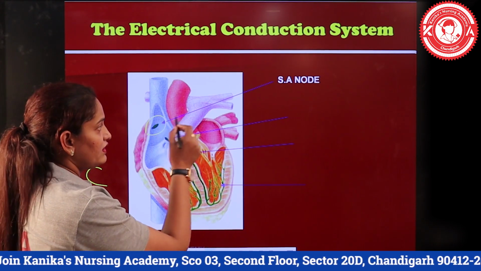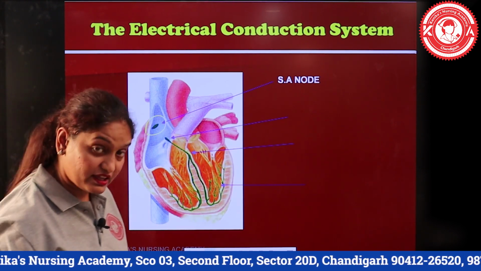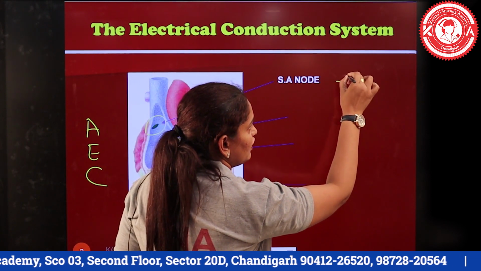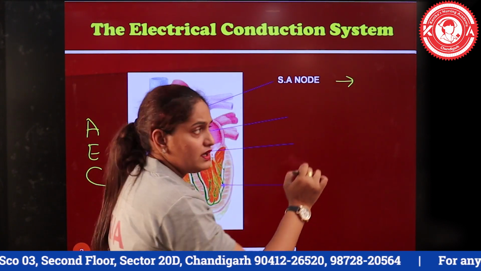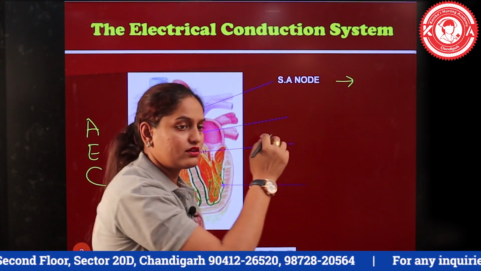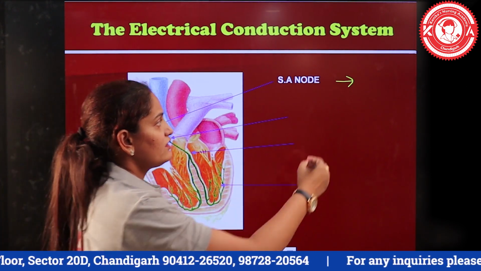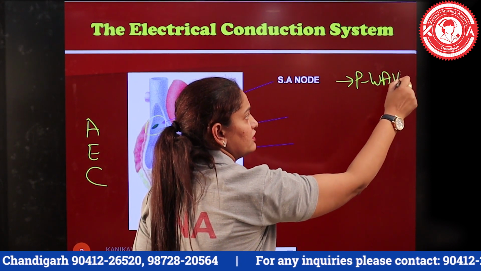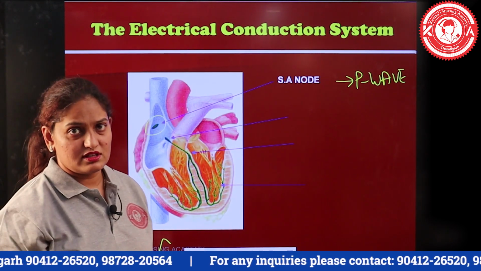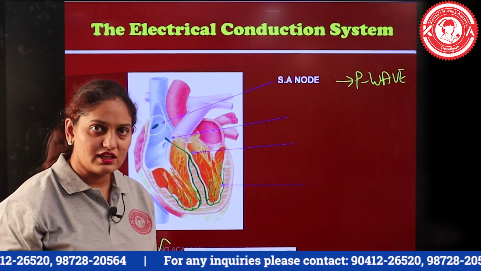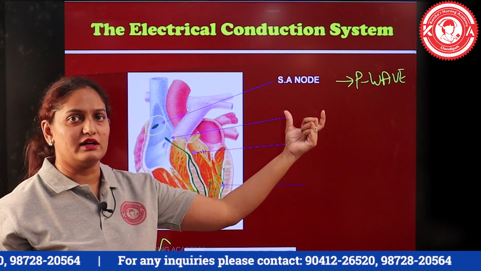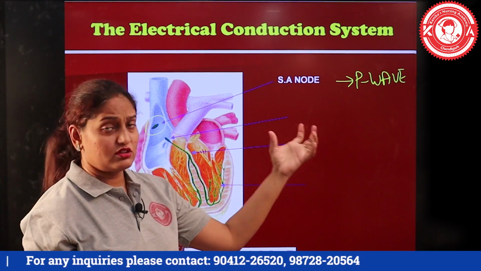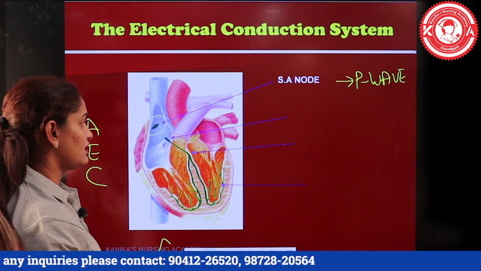When the SA node excites, it makes the atria contract, and on the ECG strip this contraction of the atria is manifested by the P wave. PQRST is the wave formation which we can see in the ECG, and the first part is known as the P wave, which shows that atrial contraction is taking place.